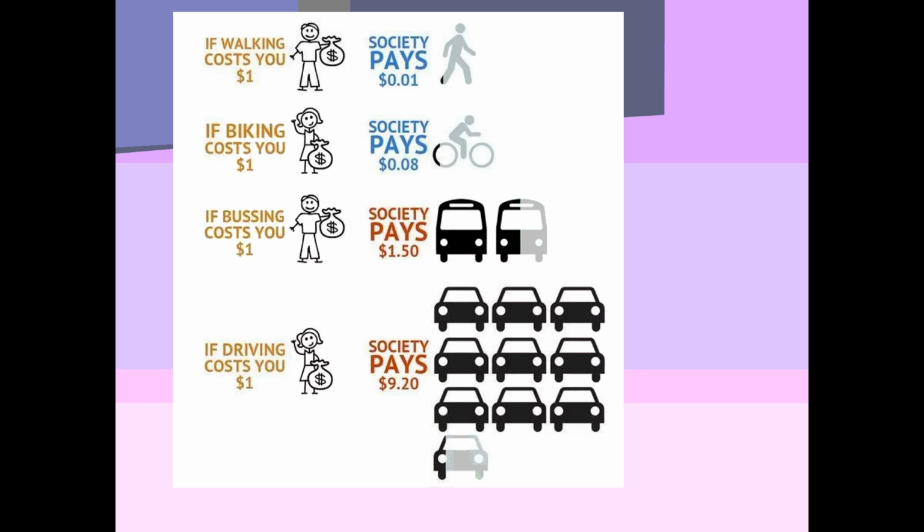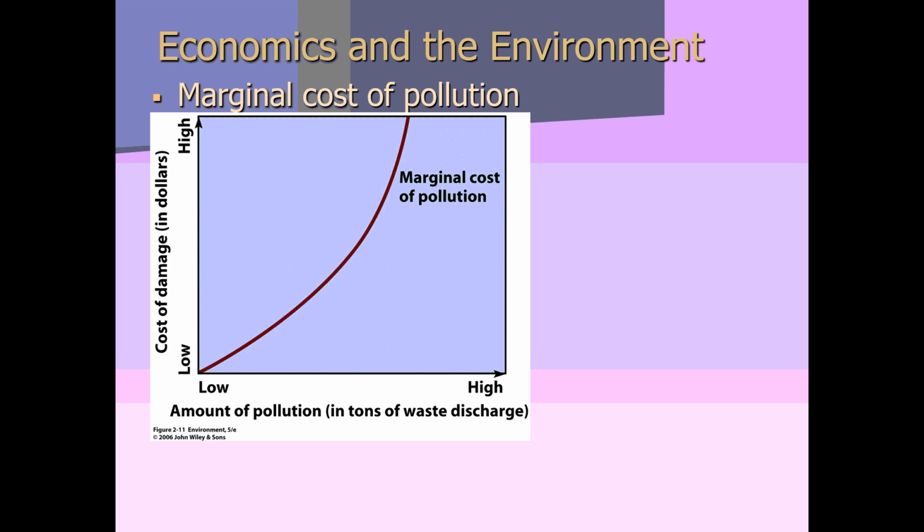All right, I'm going to go through a couple more slides with you. We're going to look at some graphs. I advise that you write these graphs down and that you label them and that you truly understand them. So the first one that we have is the marginal cost of pollution. And I'll let you write it down. I really am urging you to copy the graph down because you're probably going to see this, if not have to do it on a short response.